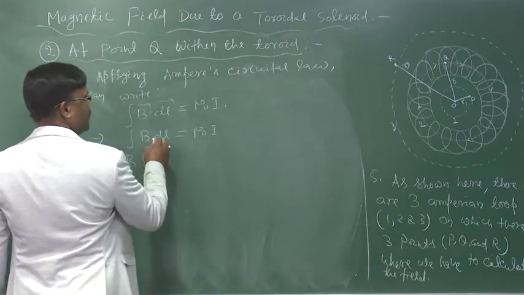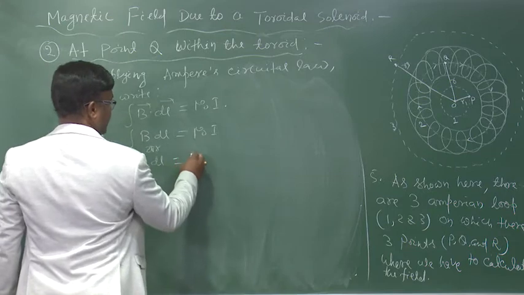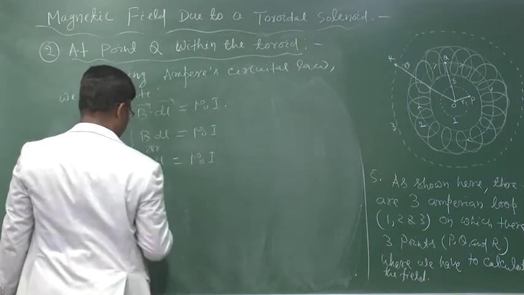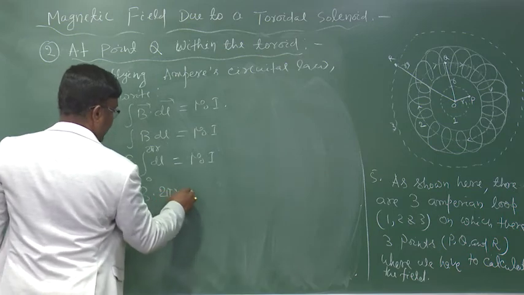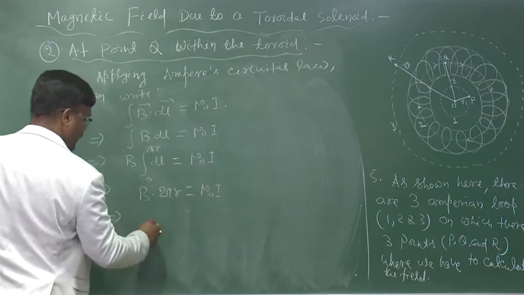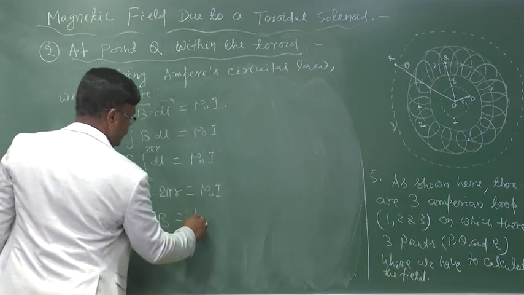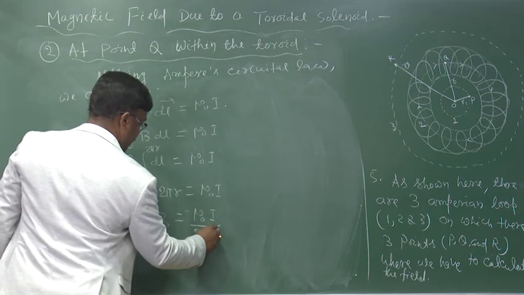So B into 2 pi r equals mu 0 I, which implies B equals mu 0 I by 2 pi r.